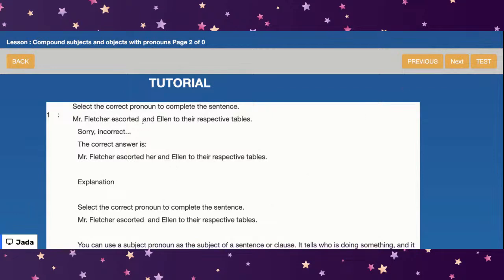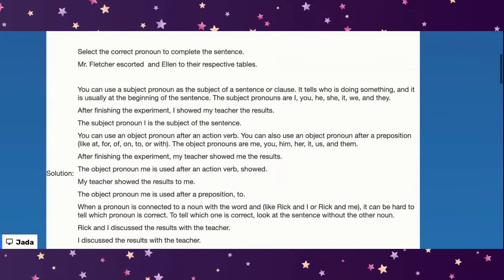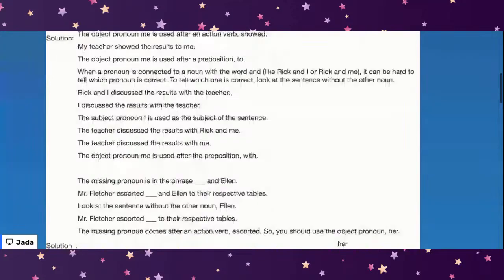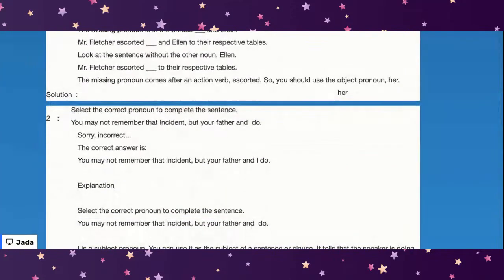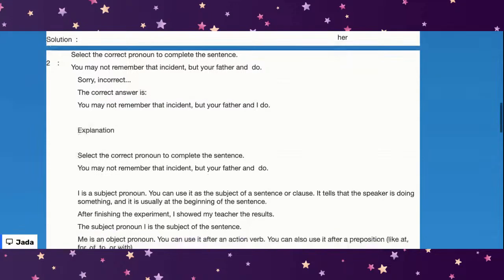Mr. Fletcher escorted blank and Ellen to their respective tables. Escorted who? Her and Ellen to their respective tables.